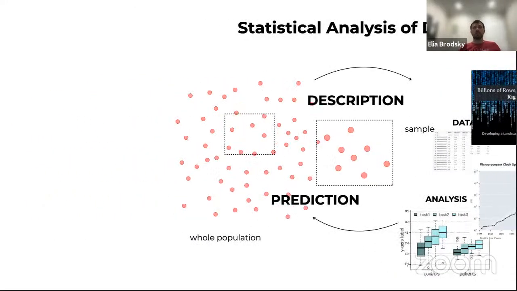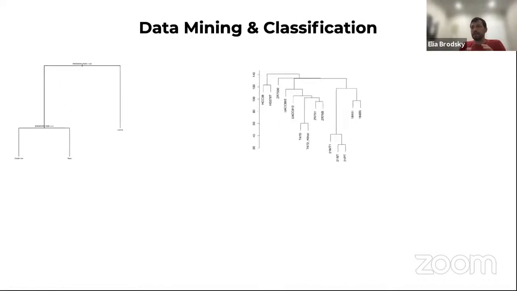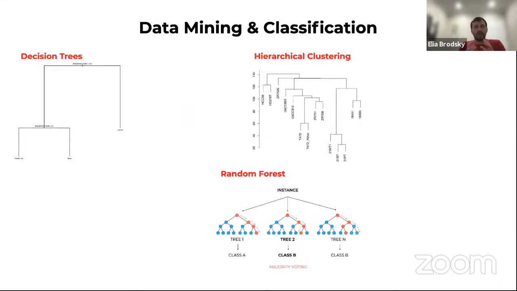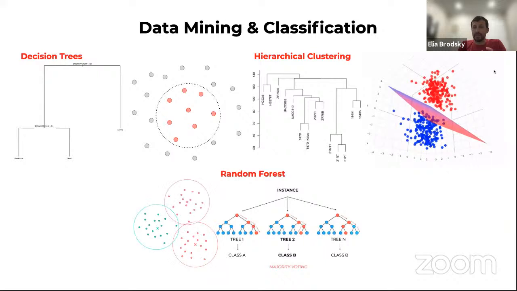And so that is really where we will turn to the topic of data mining and classification, looking at many different types of methods that are typically used for analysis, for classification, and for feature selection.